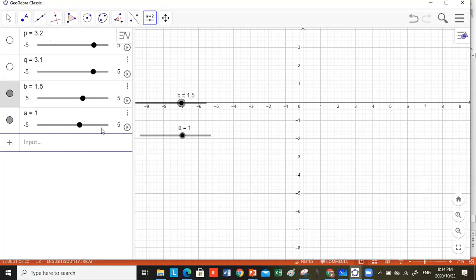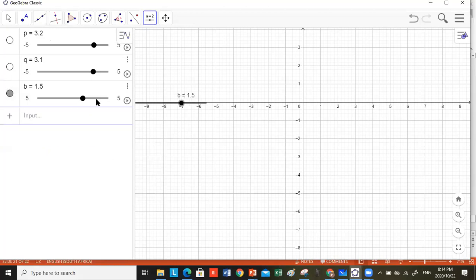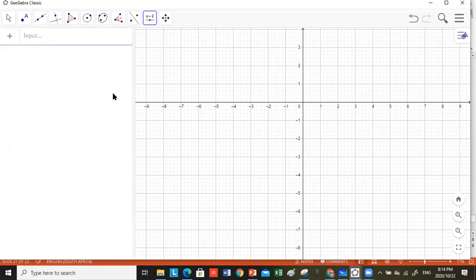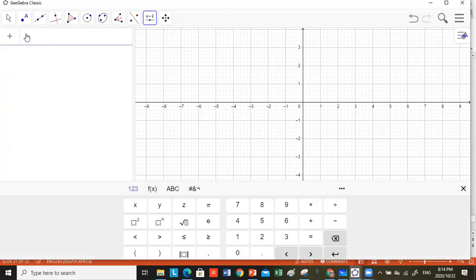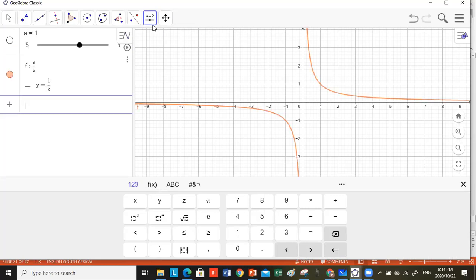Okay, let's remove everything so that we work with a clean screen. Right. So if we have y equal to a over x, and let us say enter.